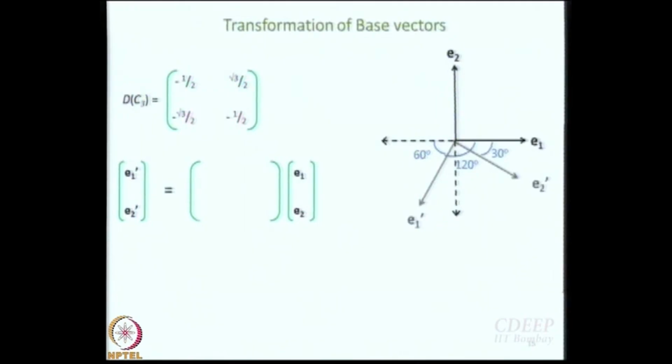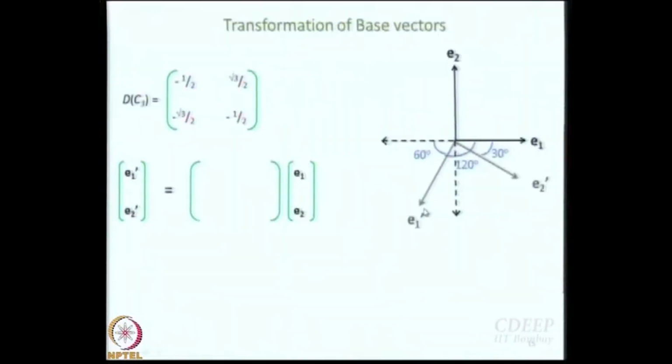Yeah? Louder. Minus half. And if I drop a perpendicular on E2, what will it be? Minus root 3 by 2. Are we all okay with that? This length, this is 1. So if I drop a perpendicular here, what we learnt in school is that you start with an equilateral triangle and then drop a perpendicular bisector.